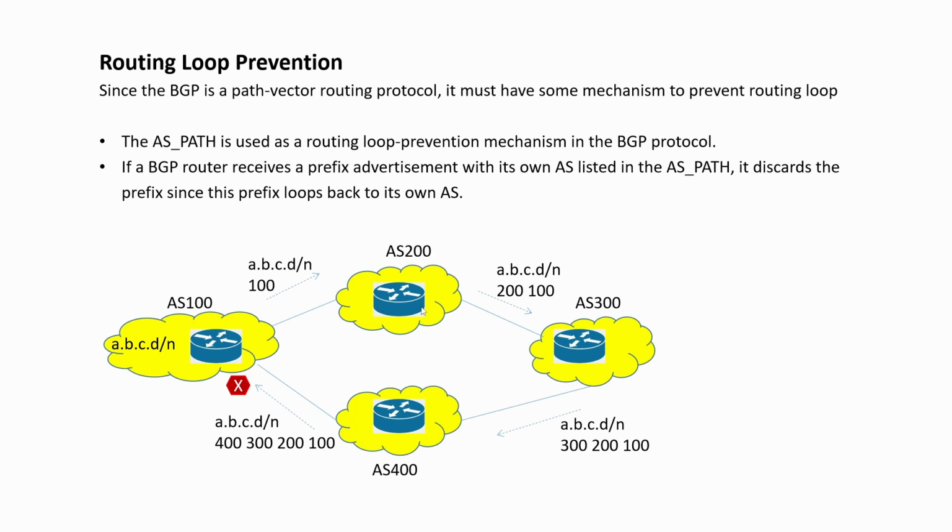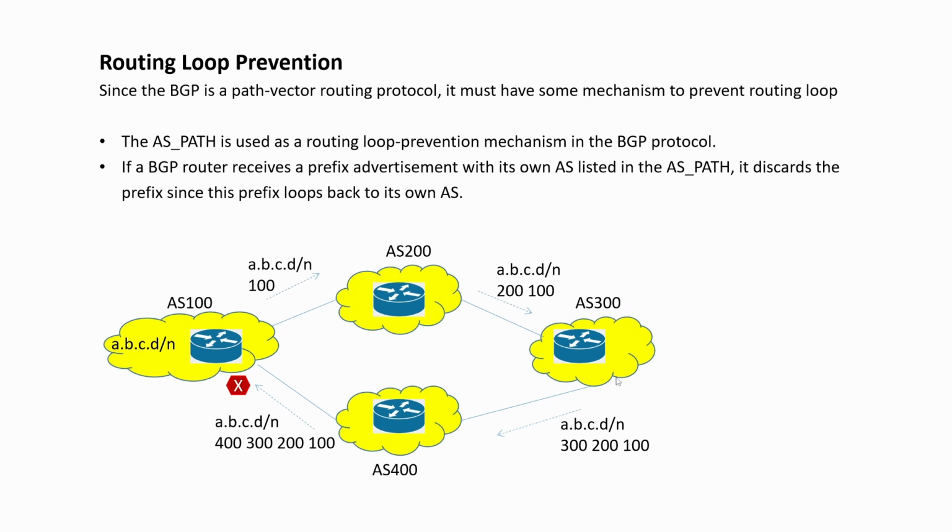Now AS200 receives this prefix. Then AS200 adds its own AS, prepending it to the AS path after 100, and sends this prefix out to AS300.